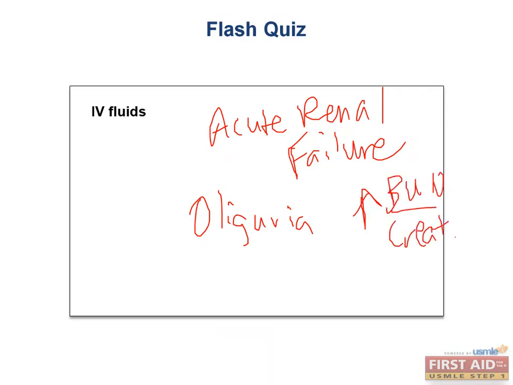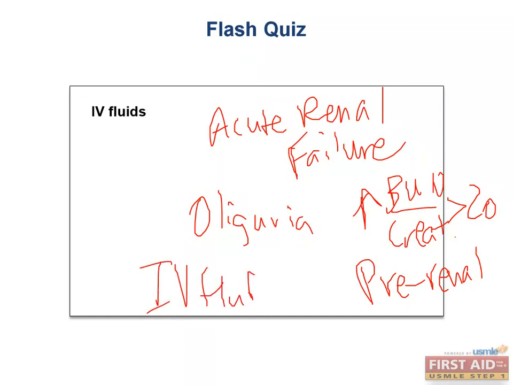The fact that his BUN to creatinine ratio is greater than 20 means that this is pre-renal. And remember, pre-renal is when there's decreased blood flow to an otherwise normal kidney. And since the problem is decreased perfusion, the best treatment would be to give that guy some IV fluids and replenish his blood volume.